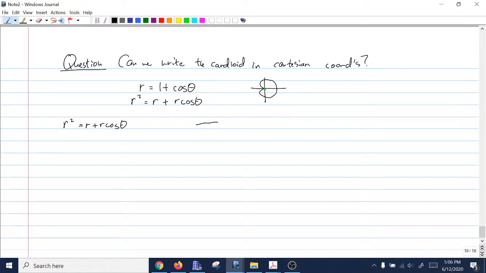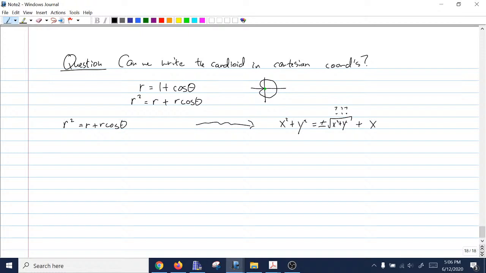If I converted this right now, I would get r squared, which I can do easily. That's x squared plus y squared. R cosine theta I can do easily. That's just x. What does my r turn into? My r will be plus or minus the square root of x squared plus y squared, which is a pretty ugly formula. And I would need to figure out, is it the positive one or the negative one?